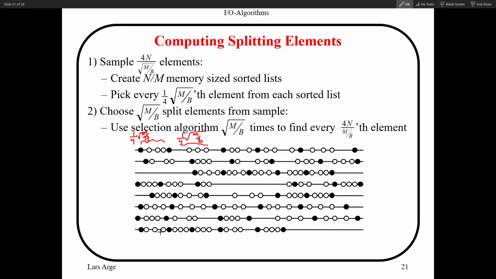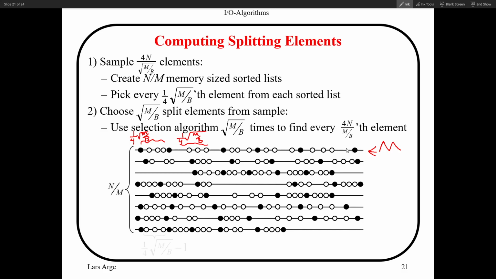I select these black elements, and there are m elements at every row. Then once I selected the black elements, I find pivots from these black elements in such a way that the gap between every pivot is basically this much.